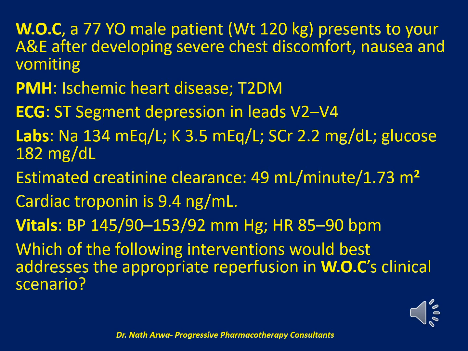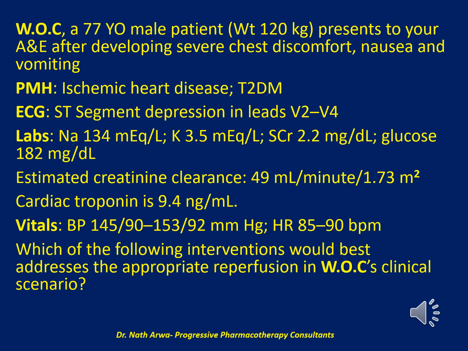His pertinent labs include sodium levels of 134 milliequivalents per liter, potassium levels of 3.5 milliequivalents per liter, a serum creatinine of 2.2 mg per deciliter, and glucose 182 mg per deciliter. His estimated creatinine clearance is 49 ml per minute per 1.73 meters squared.